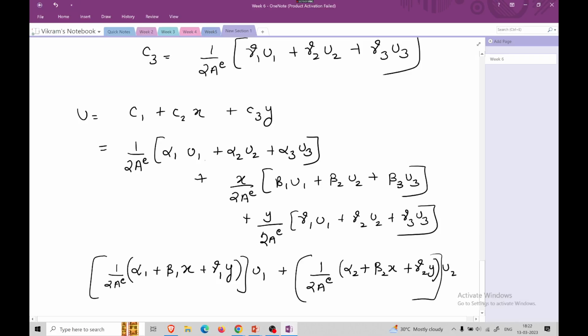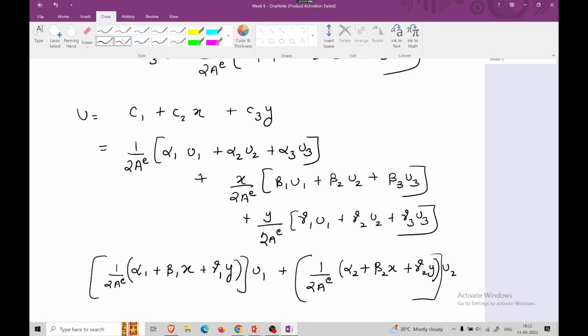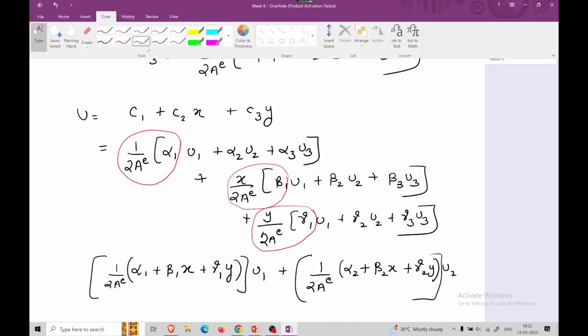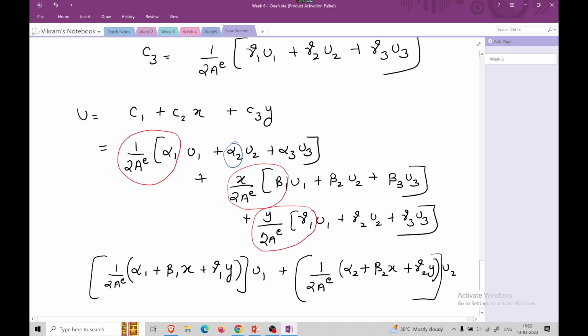Wherever there is U1, I am simply collecting those coefficients and grouping them together: alpha 1 plus beta 1 times x plus gamma 1 times y, times 1 by 2a, into U1. Similarly for U2 and U3 I am grouping together, with the 2AE and the x and y.